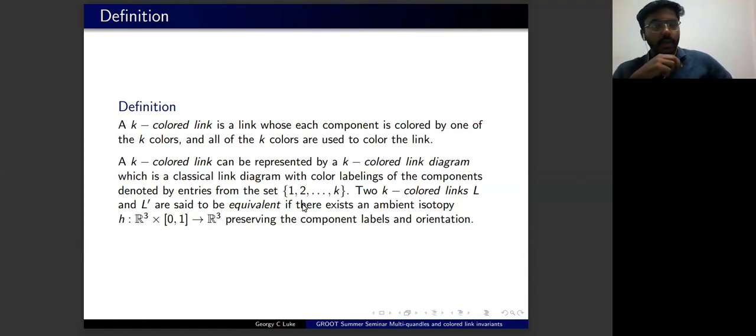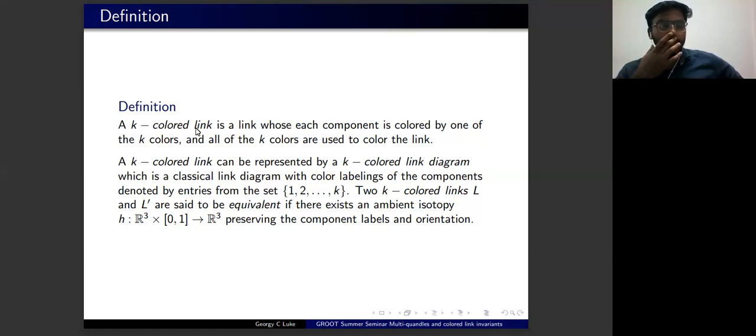So from here my work starts. It's motivated by dichromatic colorings and dichromatic links. In the literature, there is this notion of chromatic links, where the components of links are colored in arbitrary ways.